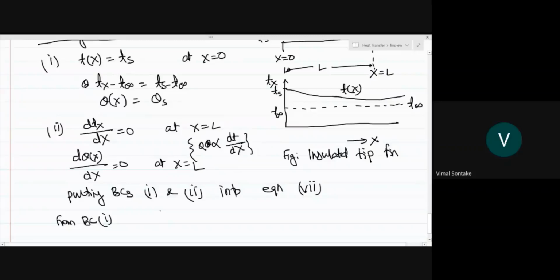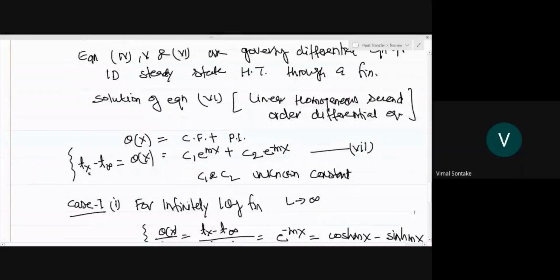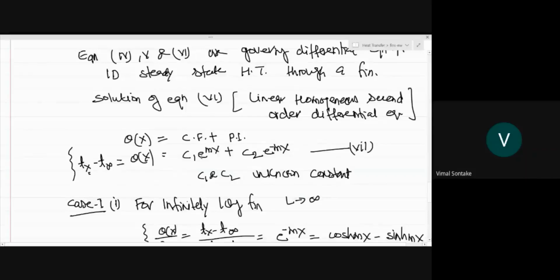What I will get? At x equal to 0, so I will put x equal to 0 here. Theta x is equal to 0. So when I put x equal to 0, e to power 0 will be 1, e to power minus 0 will also be 1. So what I will get? Theta x is equal to theta s at x equal to 0.